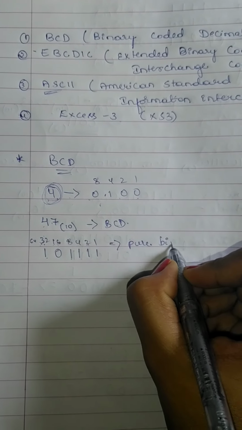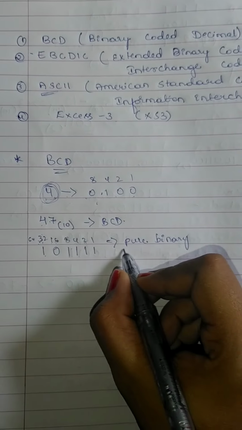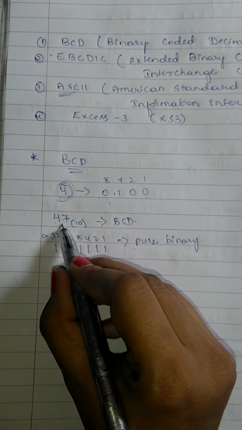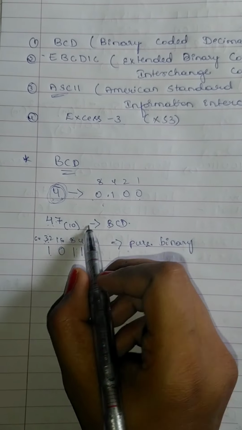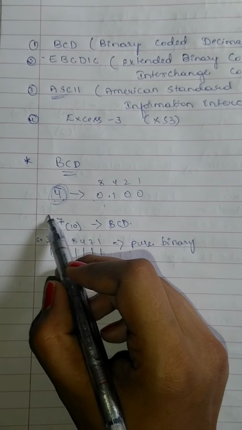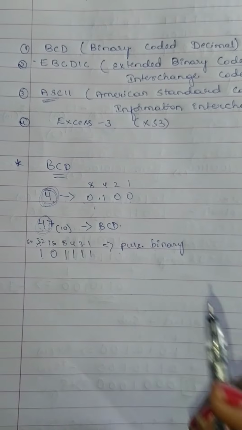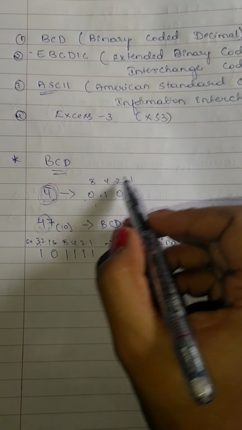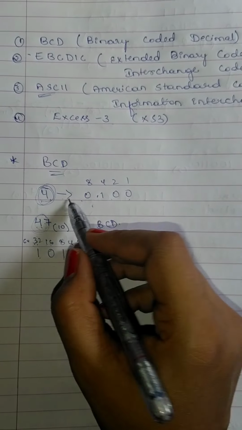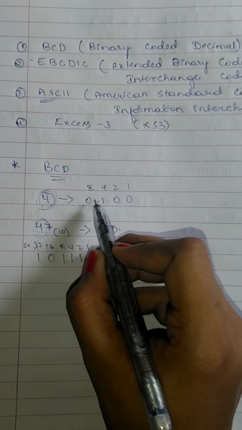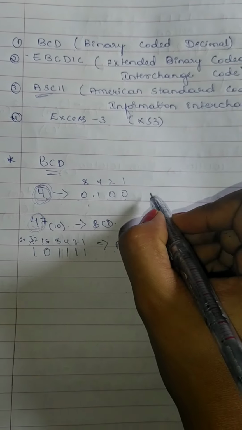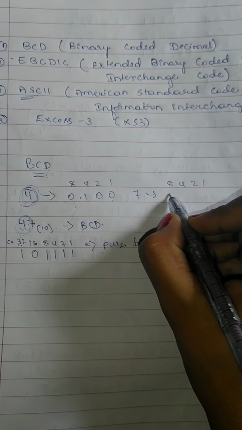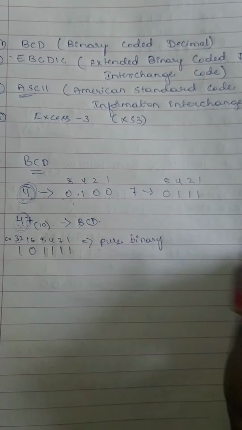But BCD is different from pure binary. How to represent this 47 in BCD? As I told, each digit must be independently represented. So how can 4 be represented in BCD? 8421 format, 0100. And how can 7 be represented? 8421 format, that is 0111.